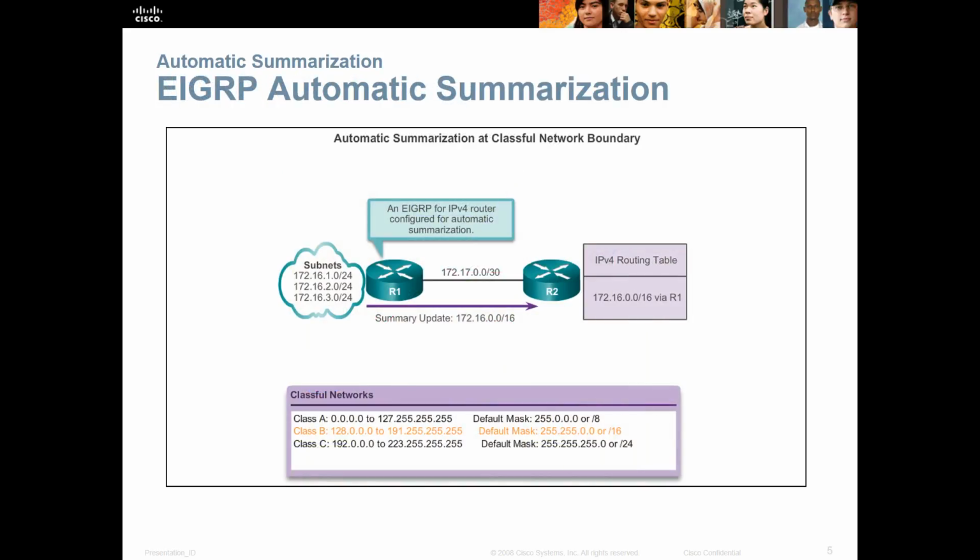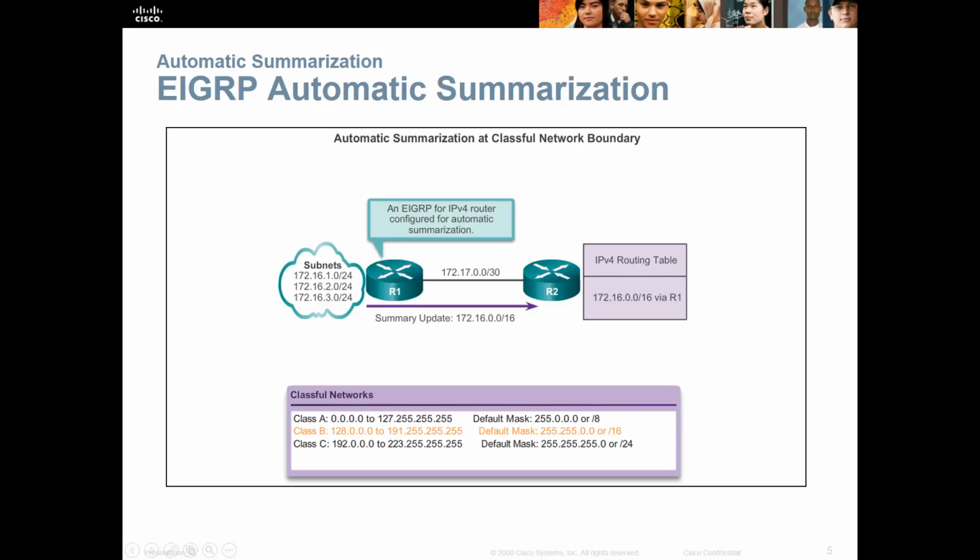So automatic summarization at a classful network boundary basically means we're going to be summarizing on that classful boundary: 8, 16, 24. That's where we have a full octet full of ones, and we don't really like classful addressing anymore. So here we can summarize the subnets that are listed.